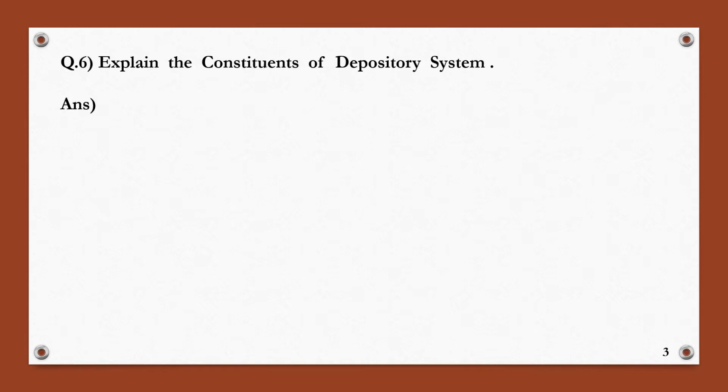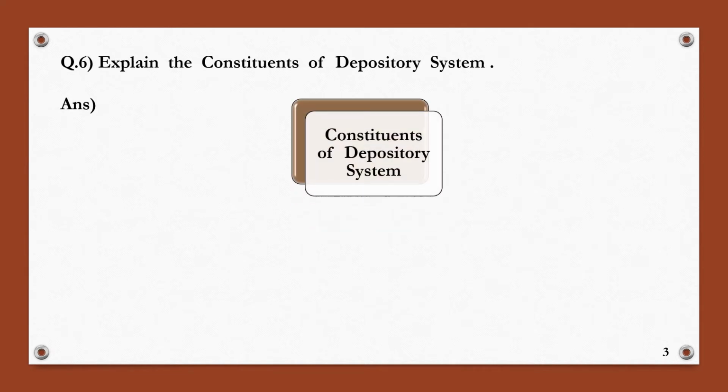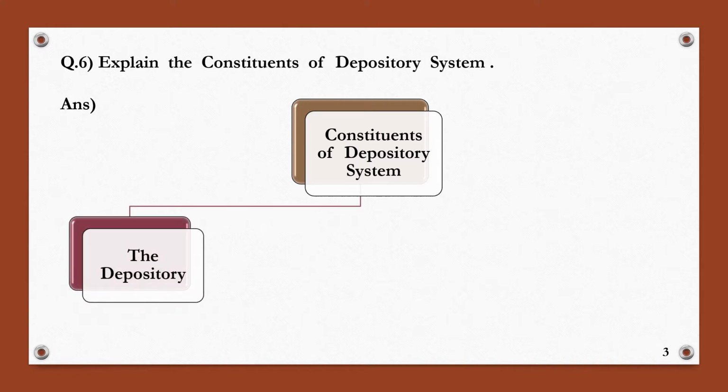of depository system. The term constituent means part of depository system. That is, the depository comprises of various parts. Under the depository system, all the operations or functions are performed by depository, but with the help of its constituents, which includes the following. The first being the depository, that is we have already discussed in our country we have two depository, that is NSDL and CDSL.